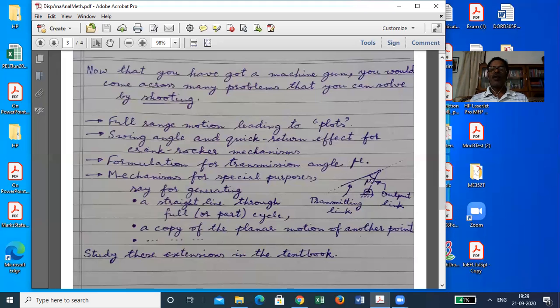Now another thing, you can make a formulation for the so-called transmission angle. Suppose this is the output link of a mechanism, and the motion of this link was the purpose of this mechanism. So this has to take some load. When this mechanism is used in a machine where the business is to transmit motion as well as force, then how is the force of the actuator finally being transmitted to this output link?